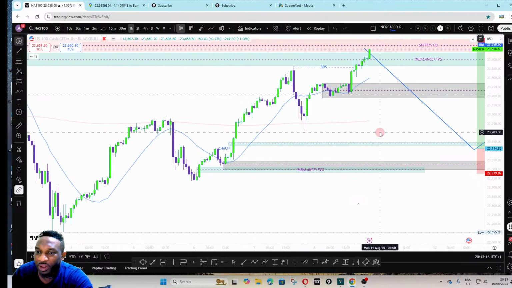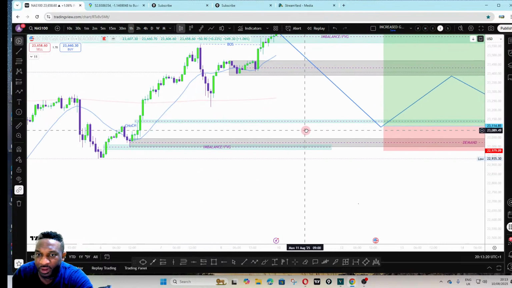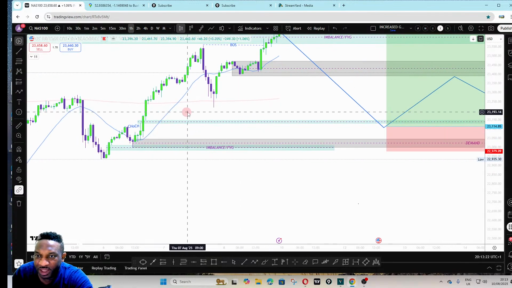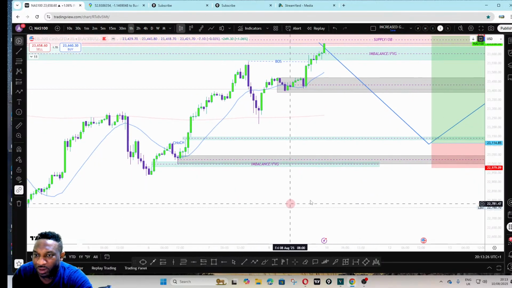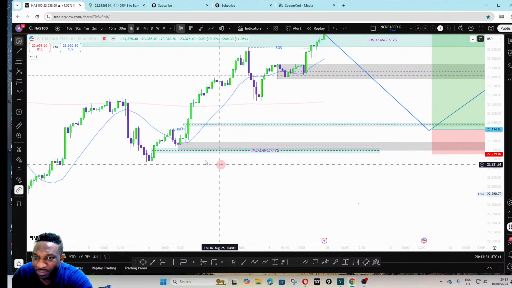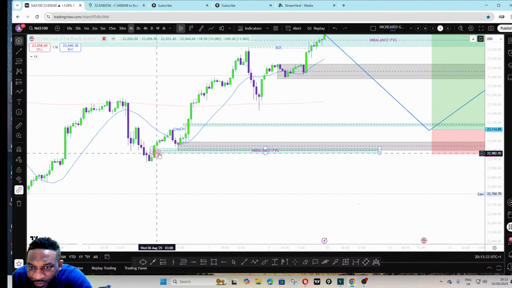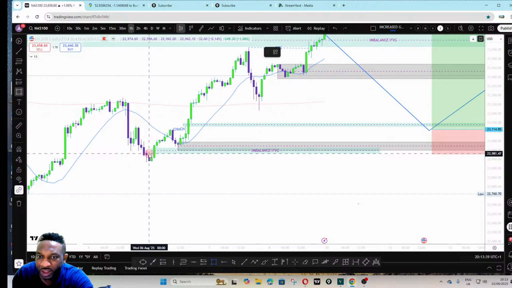So we have imbalance here again, we have liquidity here again. We also have some imbalance here that hasn't been fully filled. And then we also have this demand area here.